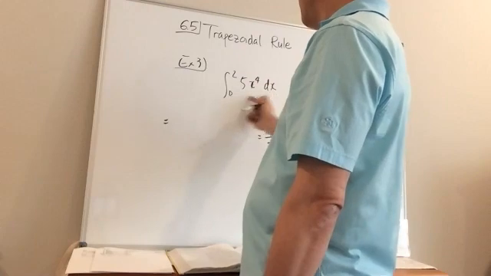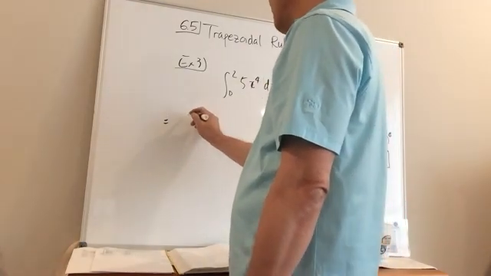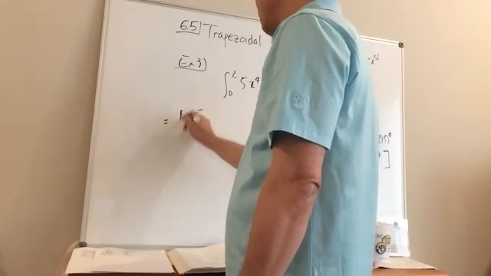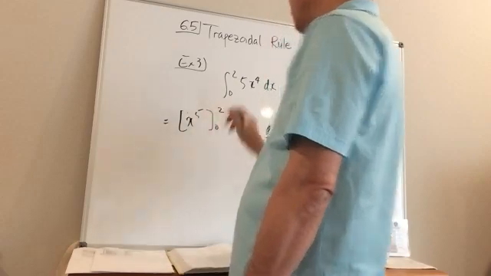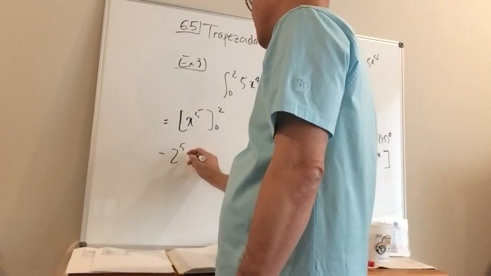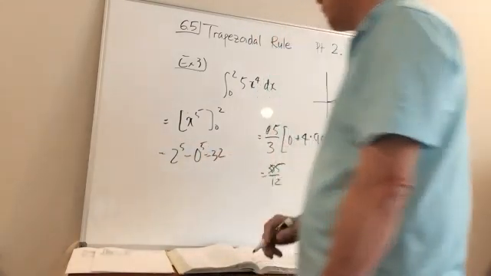So what's the antiderivative of this? That would be x to the 5th, and you would go from 0 to 2. So if you do that, you're going to get 2 to the 5th minus 0 to the 5th, 32.